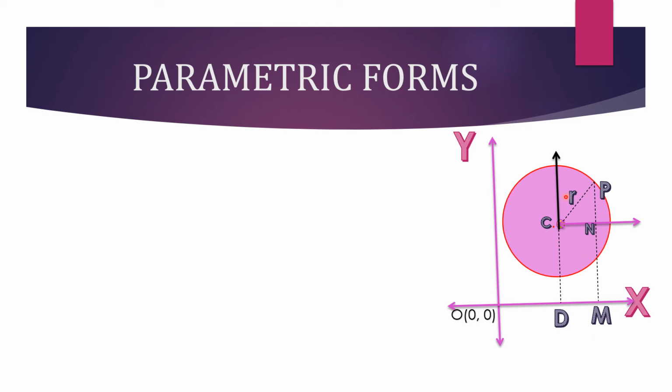Here the intersection points let it be N, D, M. Now we know that the radius of the circle is r, and also observe the diagram CPN. The angle PCN will be theta, and also the measurements: OM is x, MP is y, OD equals h, and CD equals k.